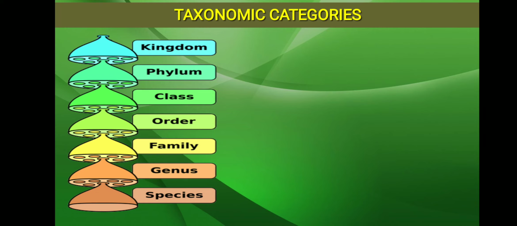There are around 1.7 to 1.8 million species which are defined or classified by using taxonomy. So taxonomy includes characterization, identification, classification, and nomenclature. What is characterization? Defining certain characters to the organism. Then second comes identification. Based on the characters which are defined, organisms are identified, and then classified into the group to which they belong.